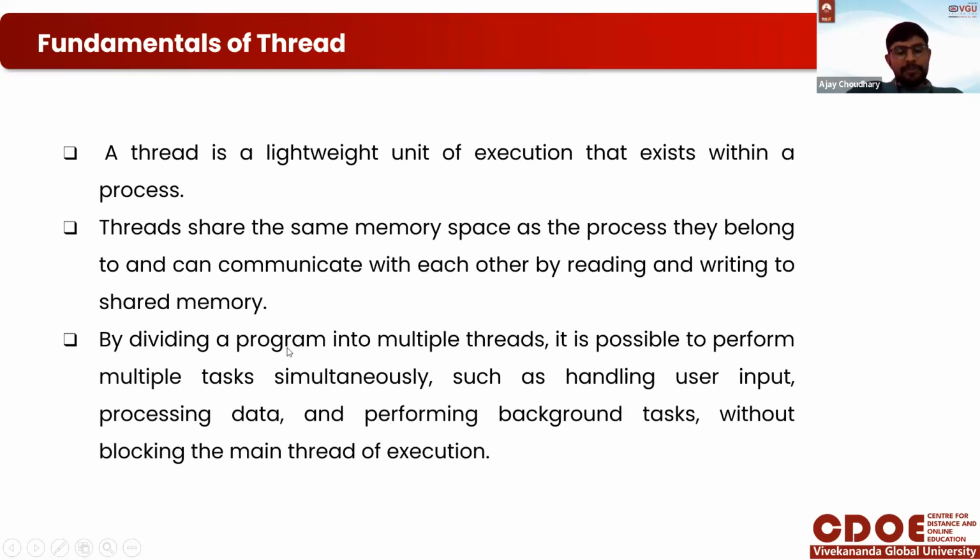When we put one program to the processor, the program has multiple lines of code, and if we divide them into multiple threads, we can complete multiple sub-programs of that task simultaneously, such as handling user input, processing data, and performing background tasks without blocking the main thread of execution. So there is no interruption.